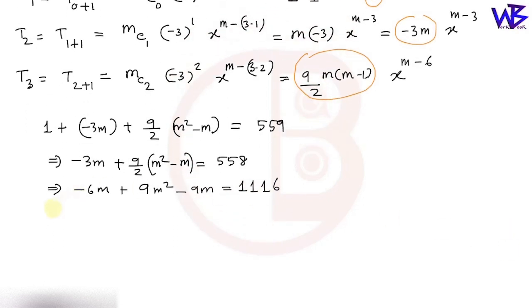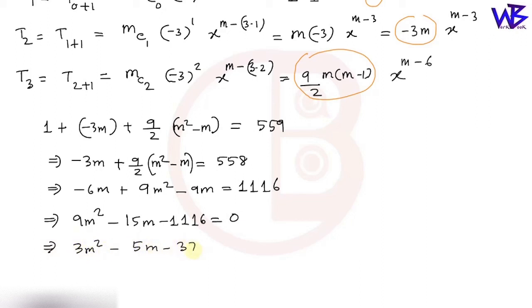Now I'll get an equation which is 9m square minus 15m minus 1116 is equal to 0. If I divide this equation by 3, I'll get 3m square minus 5m minus 372 is equal to 0.